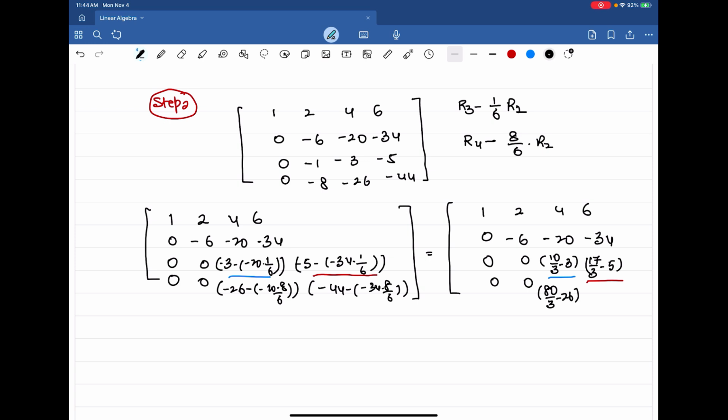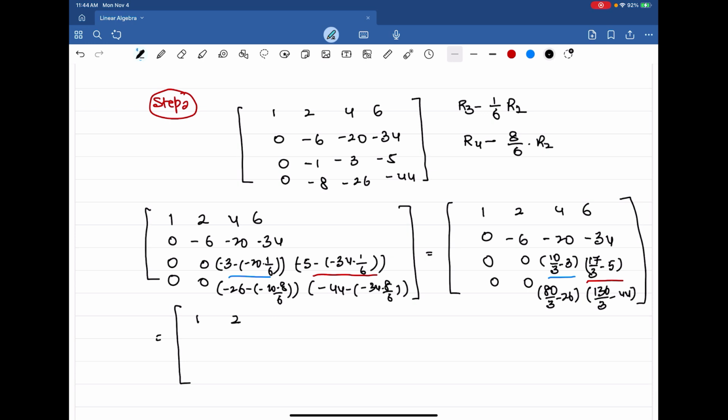What will be its value? 34 into 8 by 6 is 4 by 3. 34 into 4 is equal to 136. 136 by 3 minus 44.